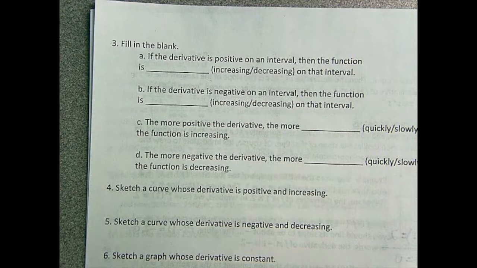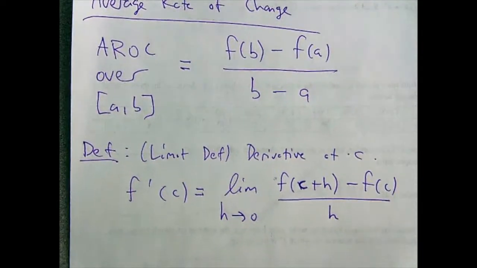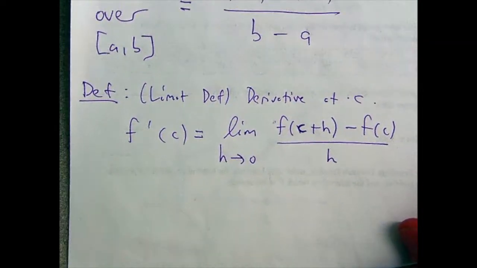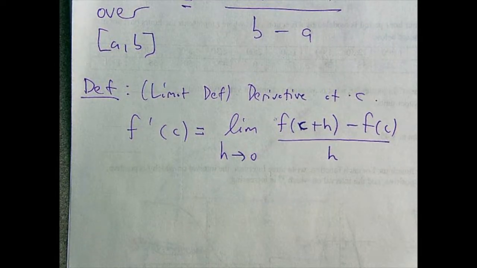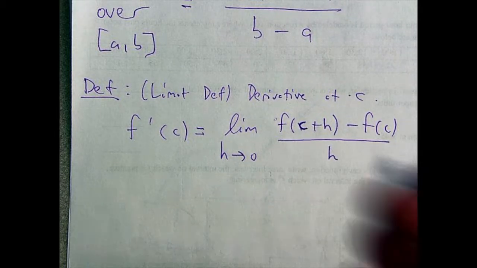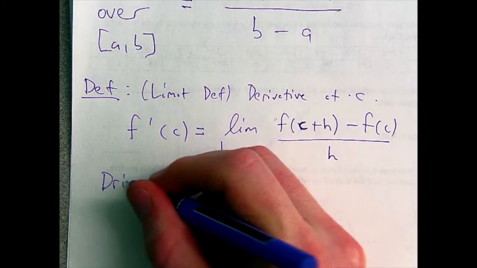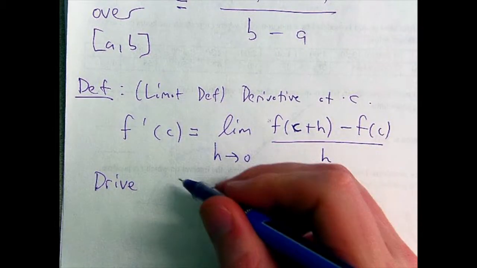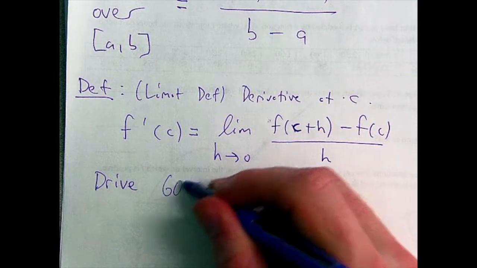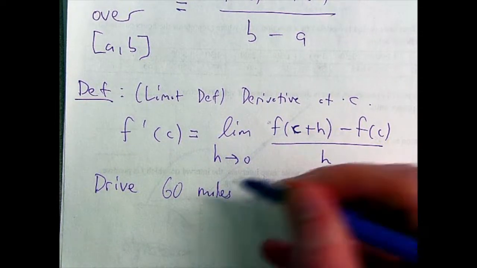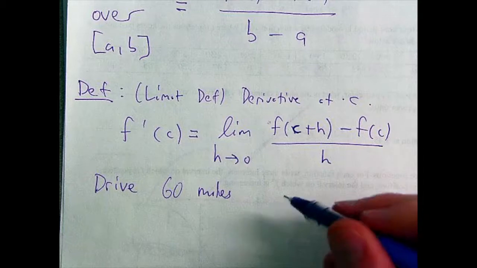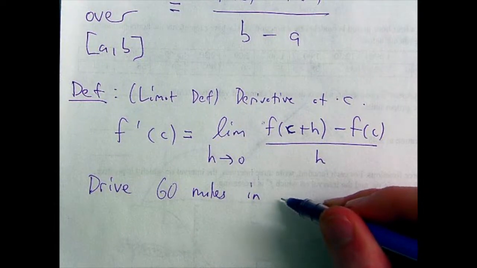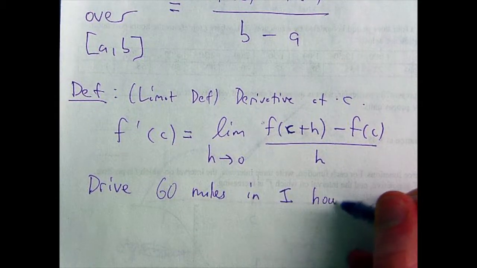What I want to do is have you think for a moment about driving in a car. Suppose that you get into your car, and you drive 60 miles, and you do that in 1 hour.